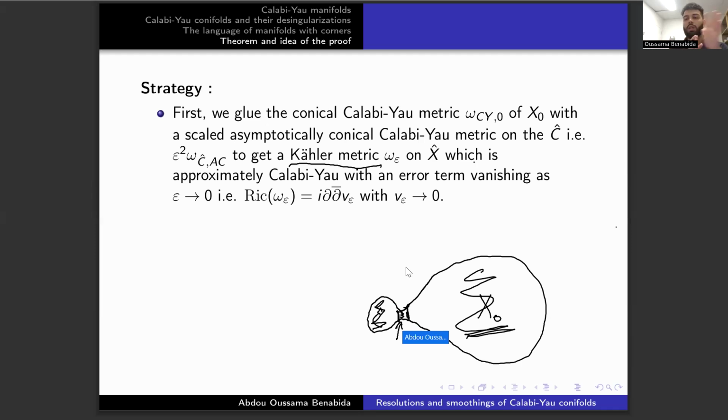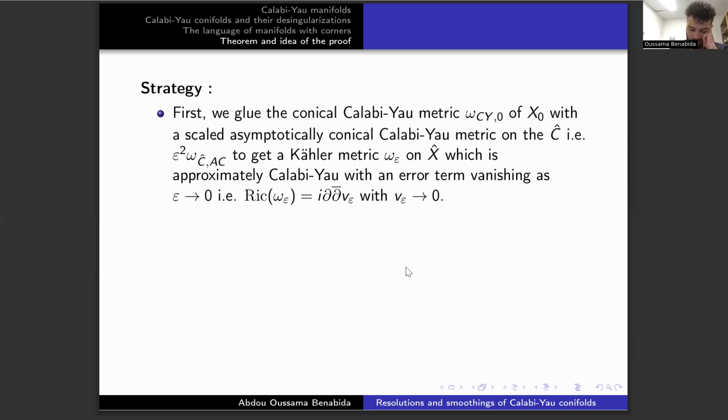But we mess it up a little bit in the gluing region. So the resultant metric is approximately Calabi-Yau. It means that the Ricci curvature is almost zero, but it's not zero. But the error term vanishes when epsilon goes to zero, because we just go to the conical metric of x0.